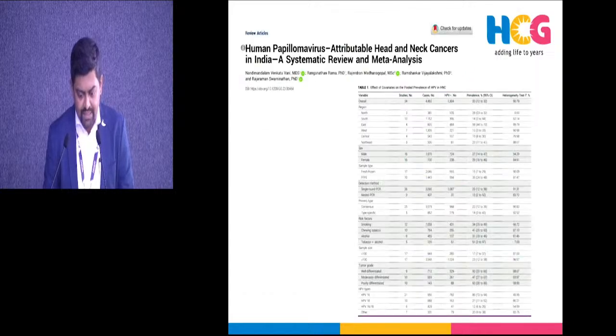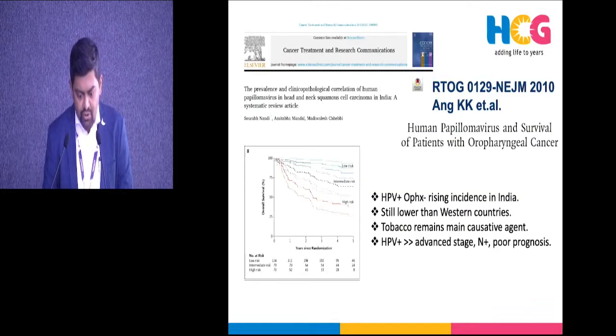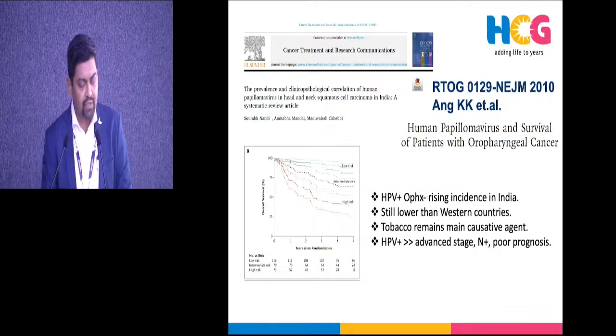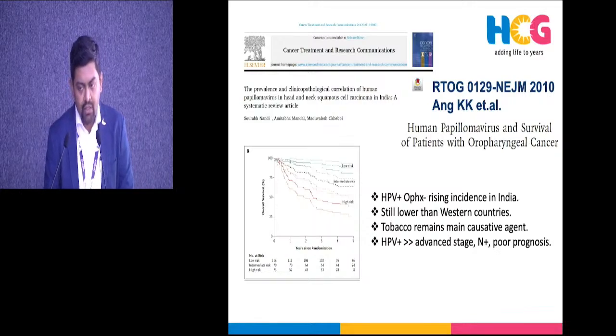Now, recently there has been a meta-analysis also, and even if we have P16 positive, it is often negated by the smoking history and the tobacco association, which is very common for us. So this systematic review from India tried to see why we lack, even if we have HPV positive data, which is also rising in certain cohorts in India, but still lower than Western countries.